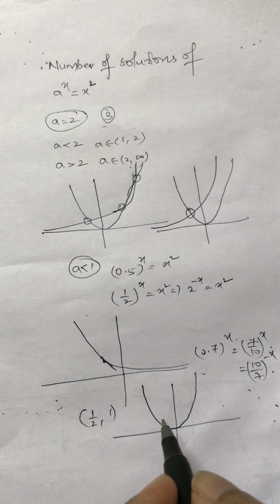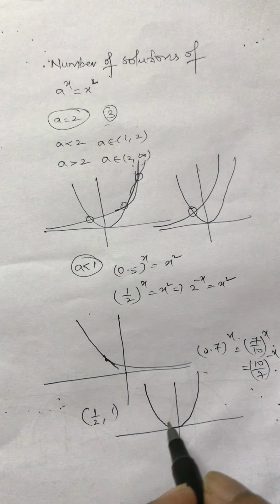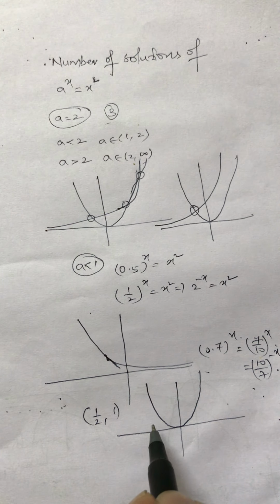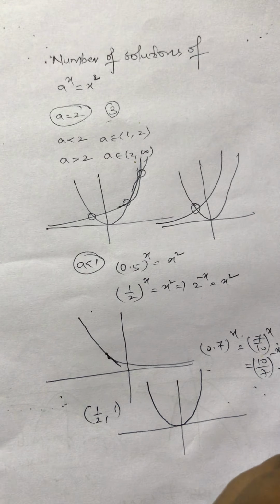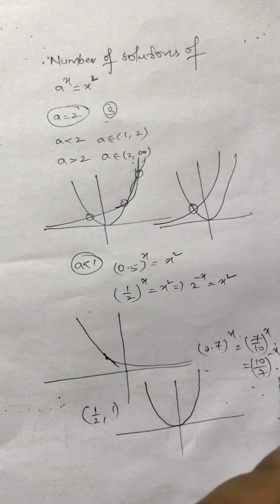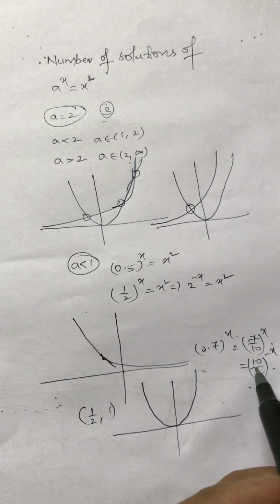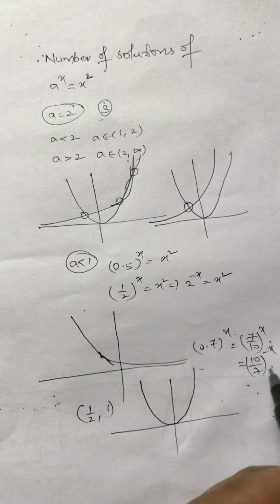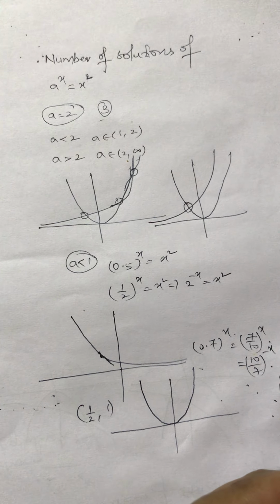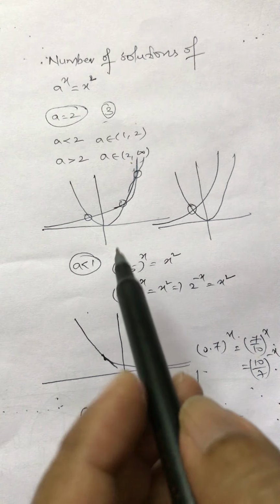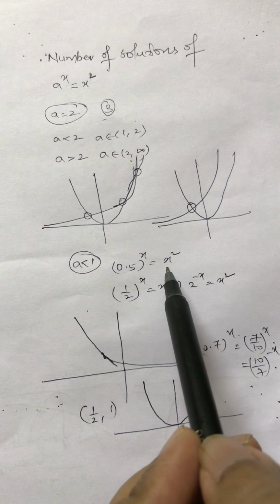If I try to plot the graph of this and find the number of solutions with y equal to x square, let's put x equal to minus 2. What is the value? 10 by 7 whole square is 100 by 49, so about 2.1. Here x square gives 4.